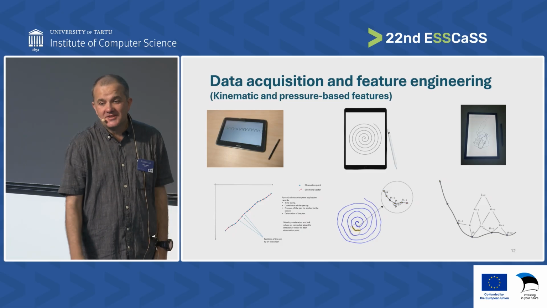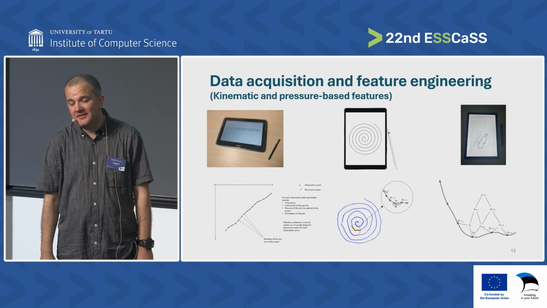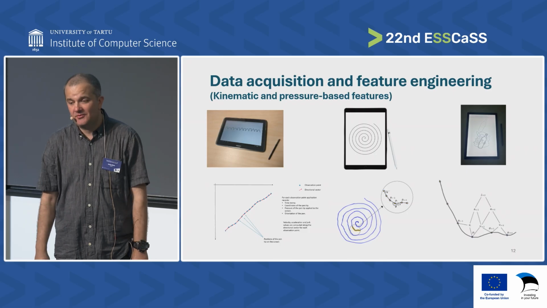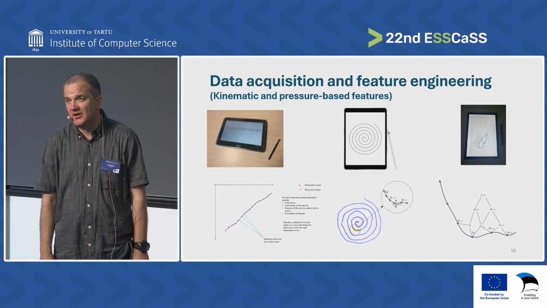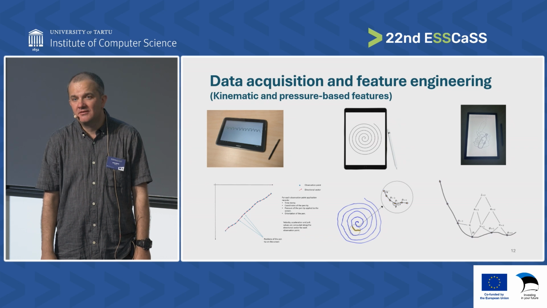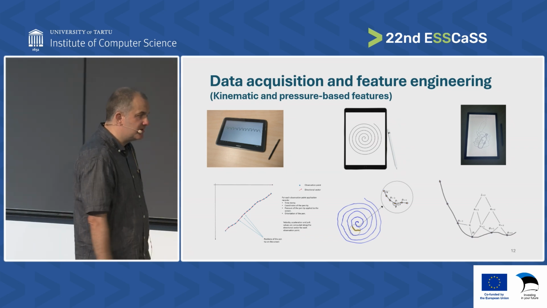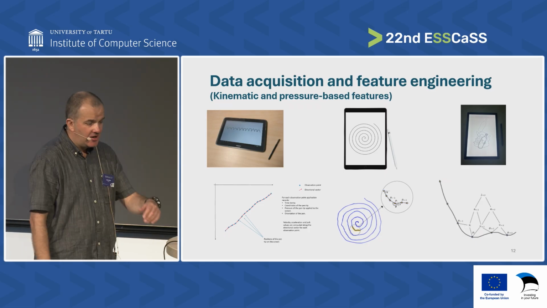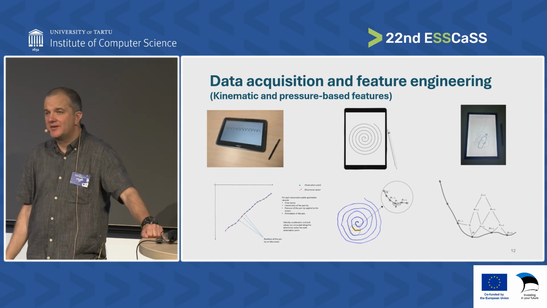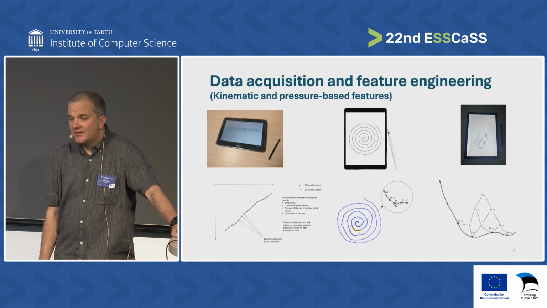So we started first with Android tablets, and then we switched to iPad, and finally we converged to using Microsoft products. This was purely for technical reasons. In the case of Android, new versions pop up very frequently. There are quite many different versions, and it's very difficult to work with their SDK.